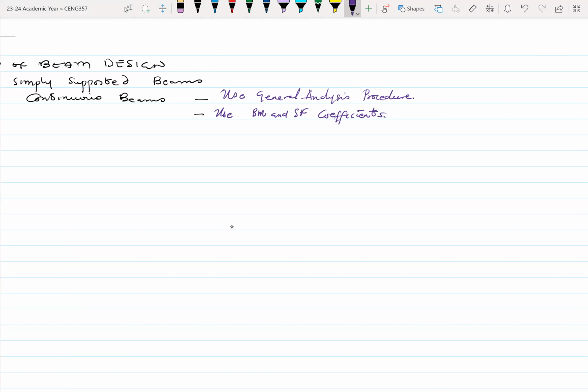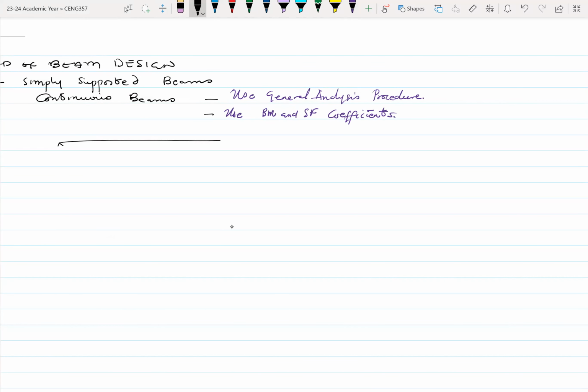so we realized that last week when we were looking at beams, we mentioned that if it is a continuous beam with equal spans, and then the live load Qk does not exceed the dead load Gk, then we can use these coefficients. All right.